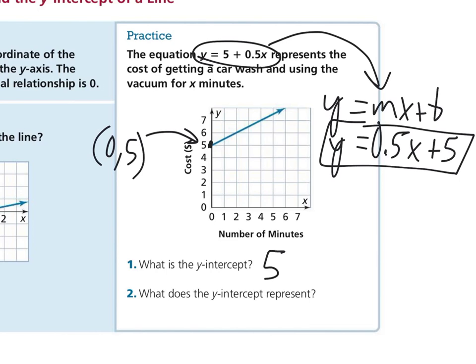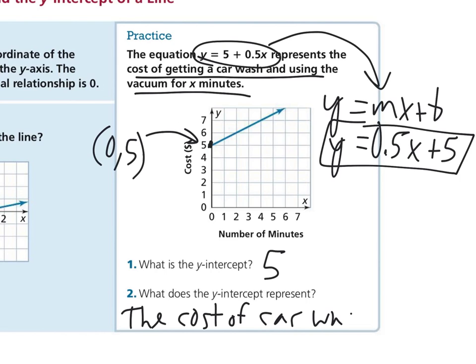It's talking about the cost of getting a car wash and using the vacuum for x minutes, so it represents the cost of the car wash, which is $5. We got the car wash, and then after that we're using the vacuum, which is the additional charge. You could say 0 minutes vacuuming costs $5, and that goes back to the fact that we got a car wash first.